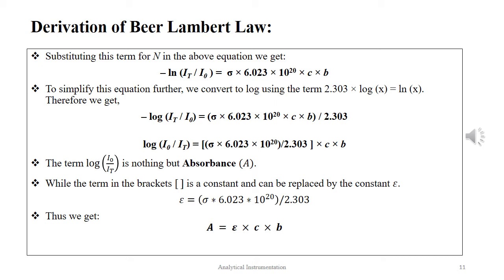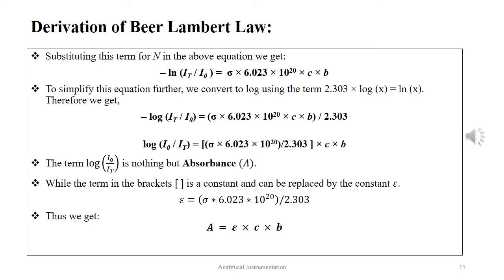Thus, we get minus log It by I0 equals sigma into 6.023 into 10 raised to 20 into C into b whole by 2.303. Hence, log I0 by It equals sigma into 6.023 into 10 raised to 20 by 2.303 into Cb.